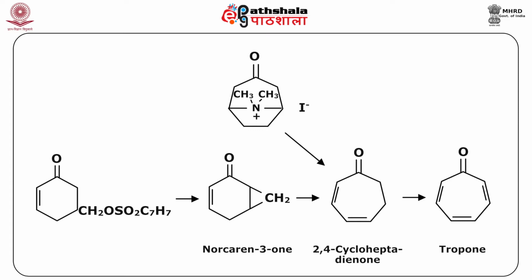This reaction is considered to proceed via norcaran-3-one. The structure of norcaran-3-one is in front of you. As you can see, we have used diazomethane for the ring expansion, and finally we have received a tropone.